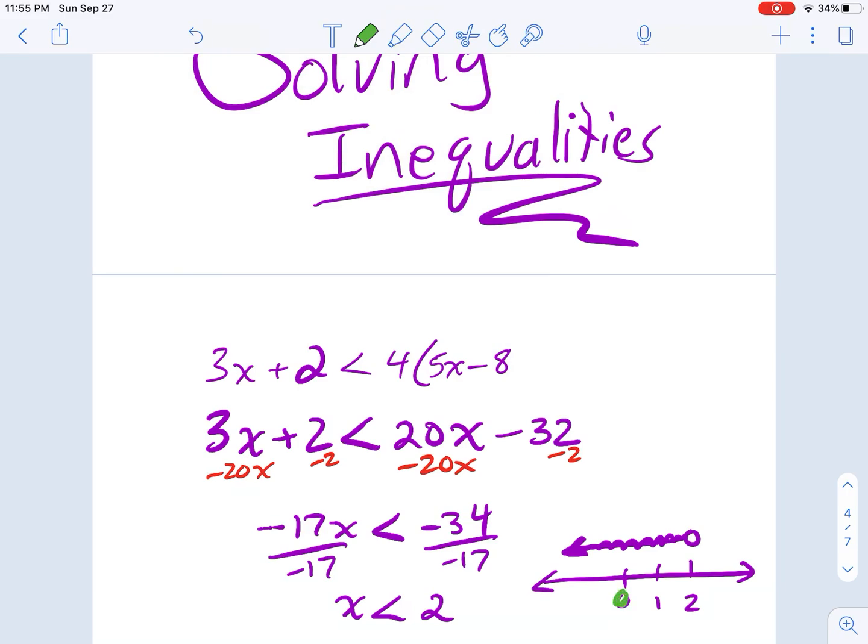So 3 times 0 plus 2, that should be less than 4 times 5 times 0. So 3 times 0, 0, so 2, is that less than 4 times 5 times 0, so that's 0.